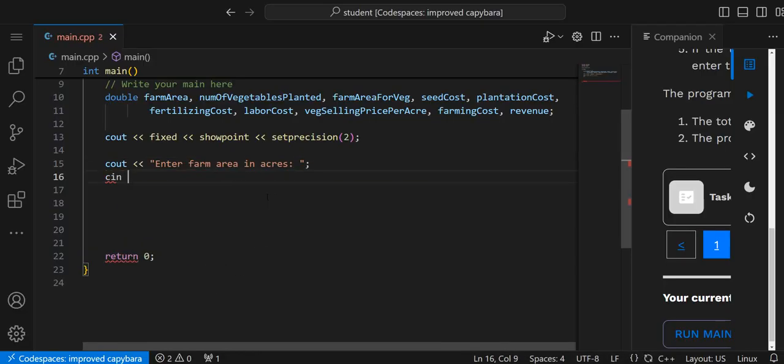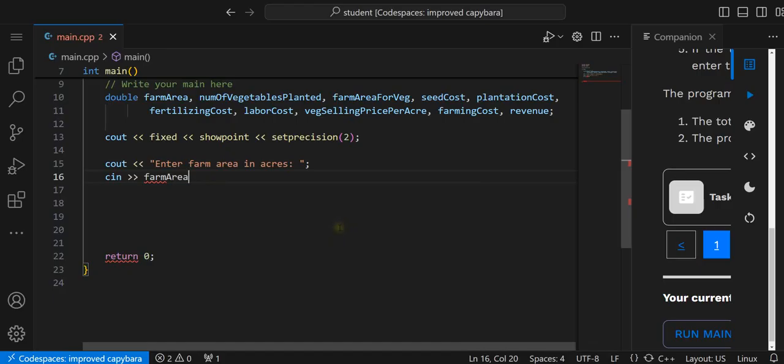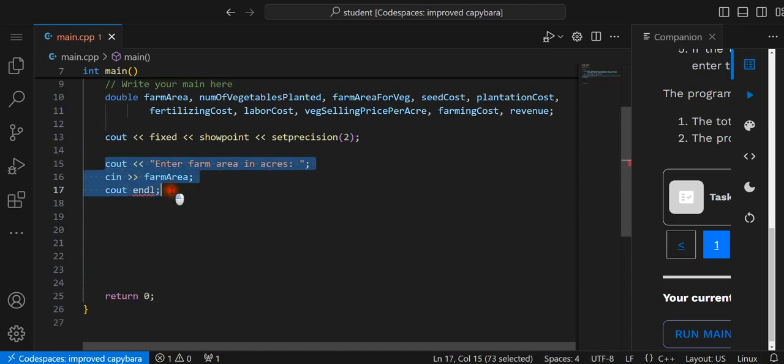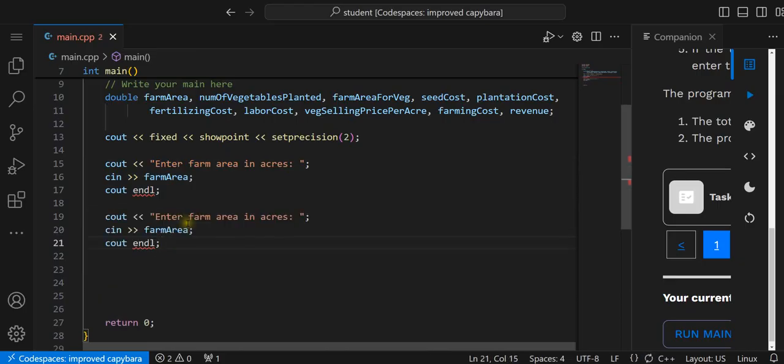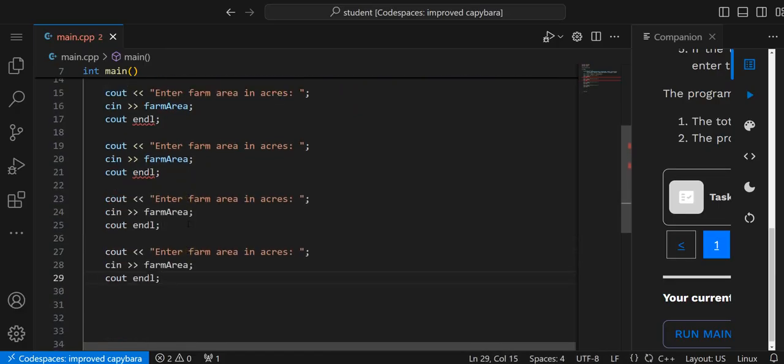Then cin, and this is going to be farm area. Endl. All right, so we're going to copy and paste. Get some of these. So I got a few of these out of the way.